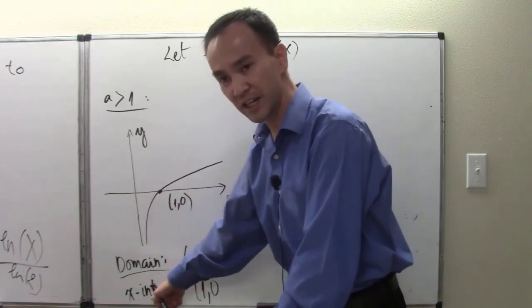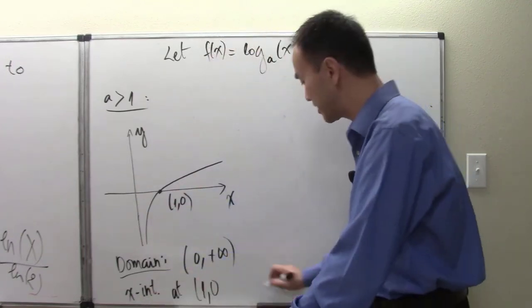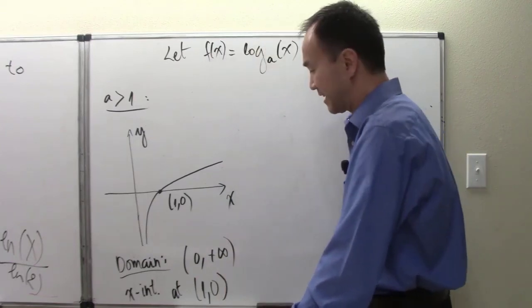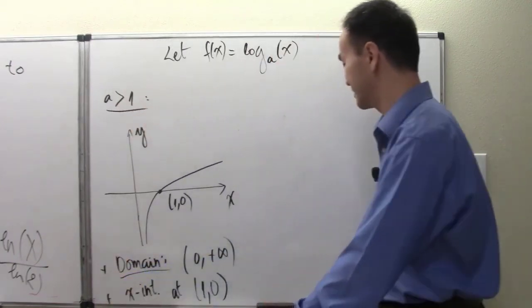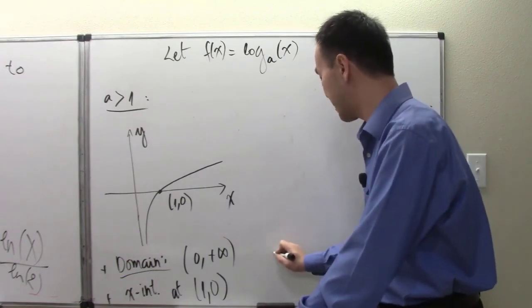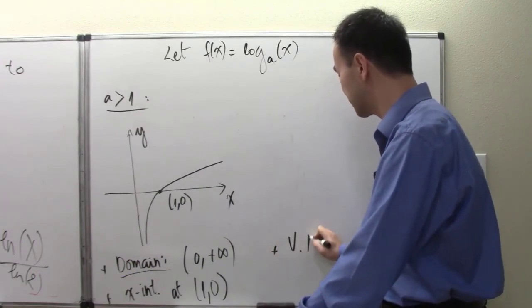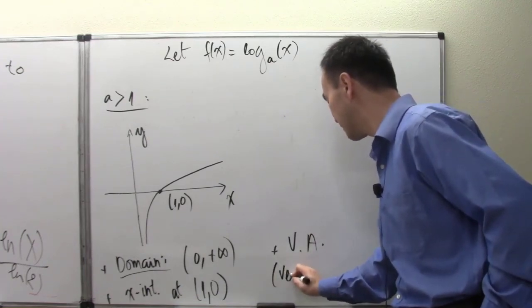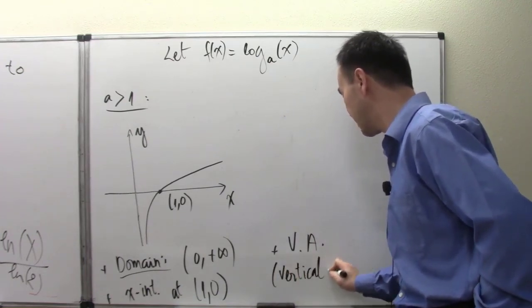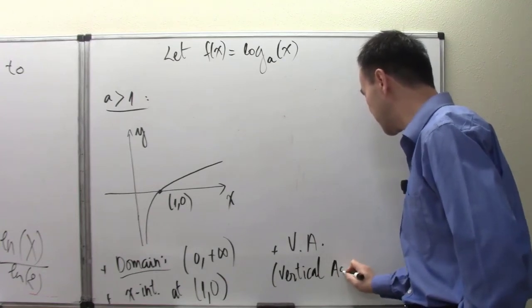So we call it the x-intercept at (1, 0). And then the third feature that we observed is that they all came out having a vertical asymptote, VA for vertical asymptote. Any one of those has a vertical asymptote.